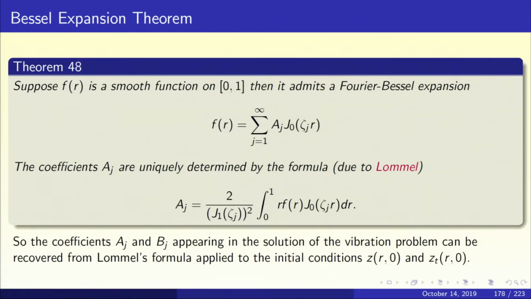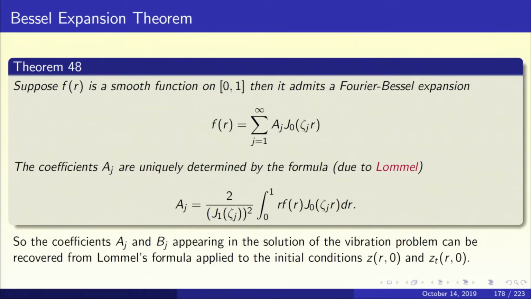Theorem 48. Suppose f of r is a smooth function on the closed interval 0, 1, then it admits a Bessel expansion f of r equal to summation j from 1 to infinity aj J0 zeta j r, where the coefficients aj are uniquely determined by the following formula, which is due to Lommel. Aj equals 2 upon J1 zeta j squared times integral 0 to 1 r f of r J0 zeta j r dr, where J1 is a Bessel's function of order 1.